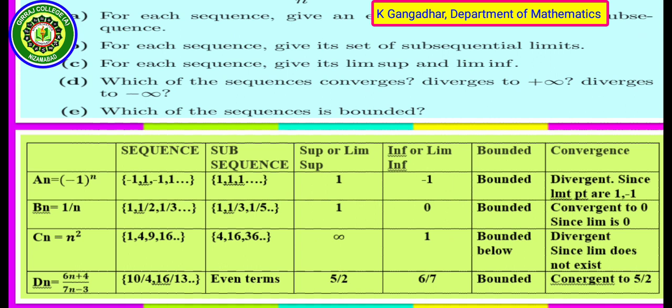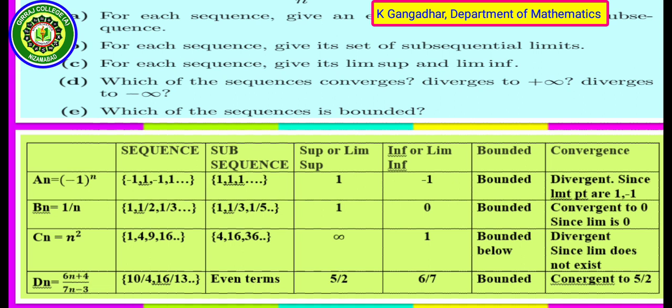The sequence terms lie between 0 and 1. Therefore we say that the sequence is bounded. What is the limit here? 0 is the limit of the sequence. It is called the subsequential limit, and the sequence converges to 0.